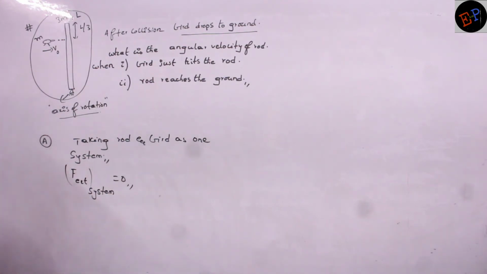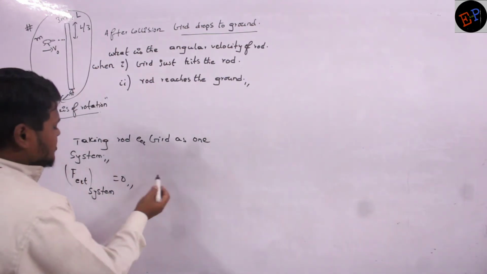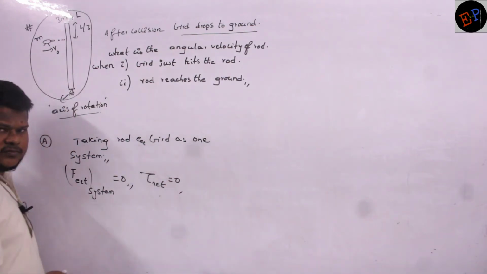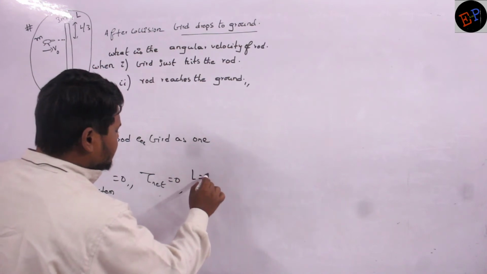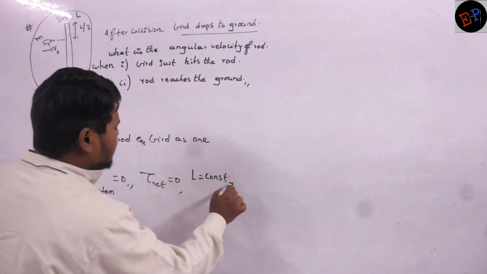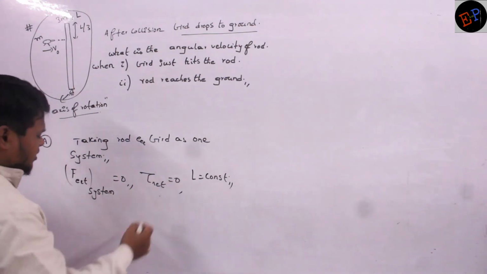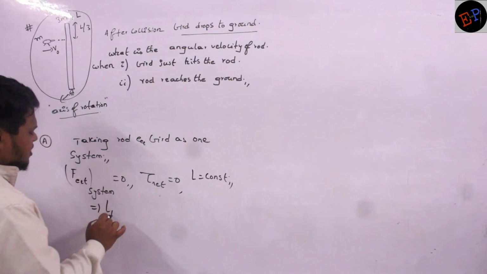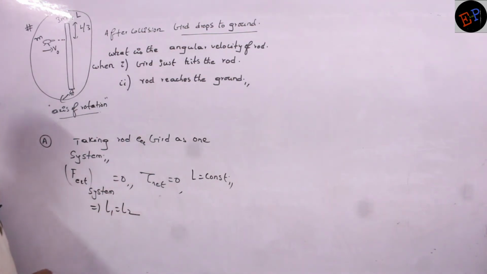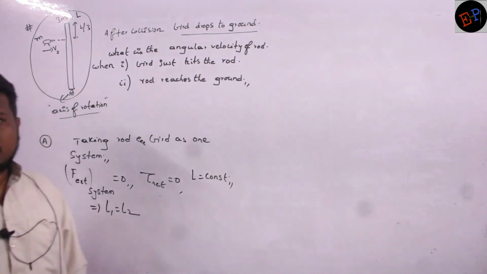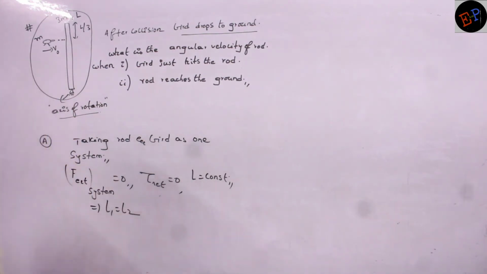If external forces are 0, the net torque acting on the system is also 0. If the net torque acting is 0, angular momentum is constant. That's all. Again, same concept. Clear now? If total angular momentum is constant, then I can say L1 is equal to L2. Total initial angular momentum and final angular momentum must be equal to each other. Are you able to understand now?